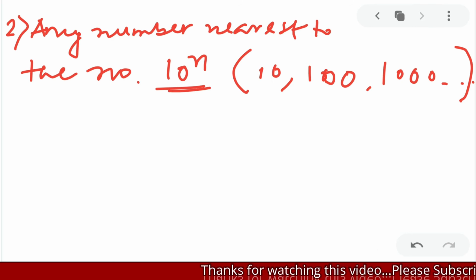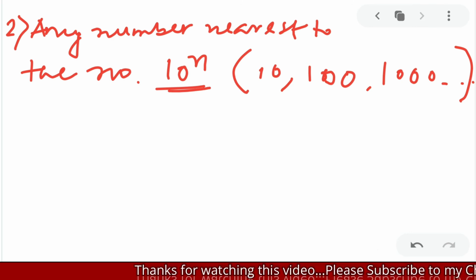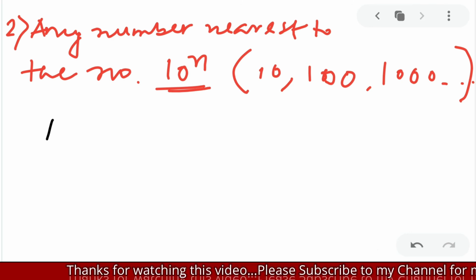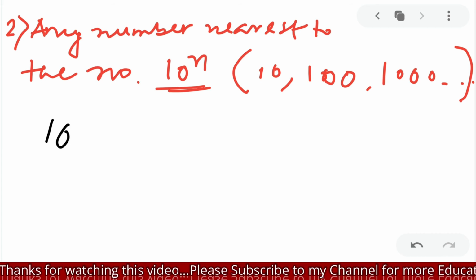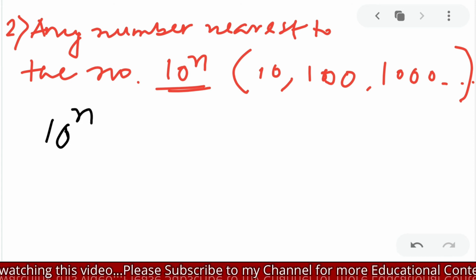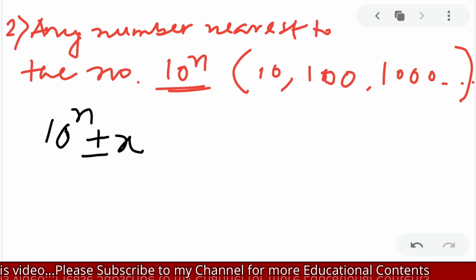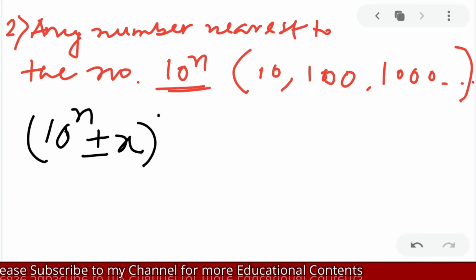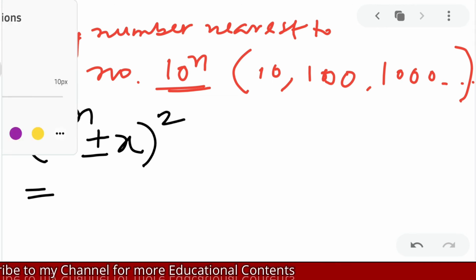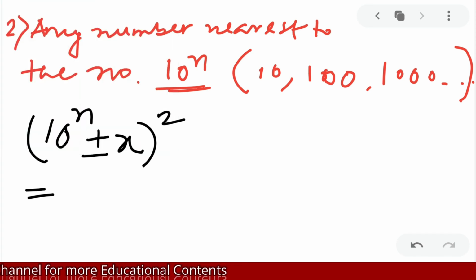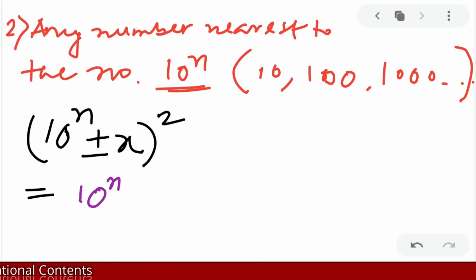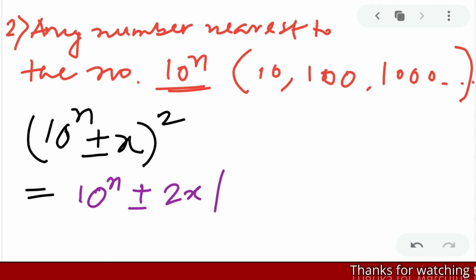The generalized formula: the number will be 10 to the power n plus or minus x, and its square will be equal to 10 to the power n, which comes directly, plus or minus 2x on the left-hand side, and on the right-hand side x square comes directly.